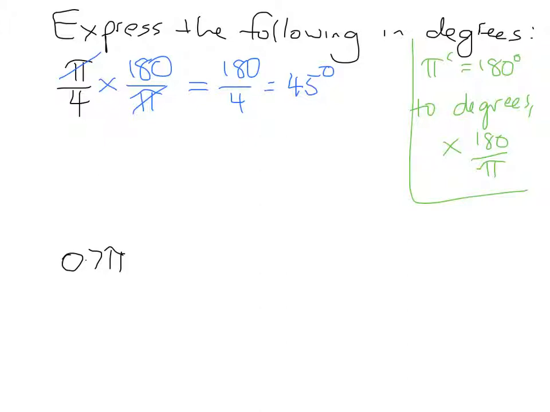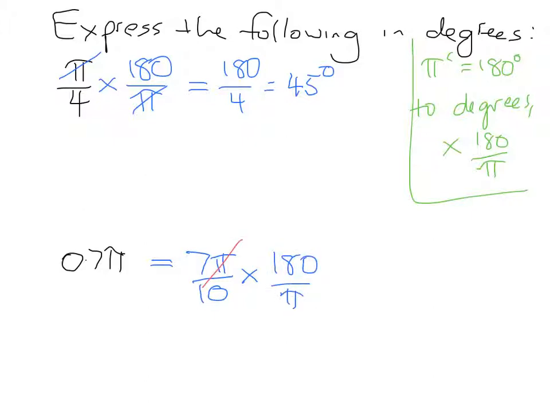Now this second one, 0.7 of pi, what we need to do with this is convert that to a fraction. 0.7 is 7 over 10, so I'll call it 7 pi over 10. And then we do the same thing, we multiply it by 180 over pi.